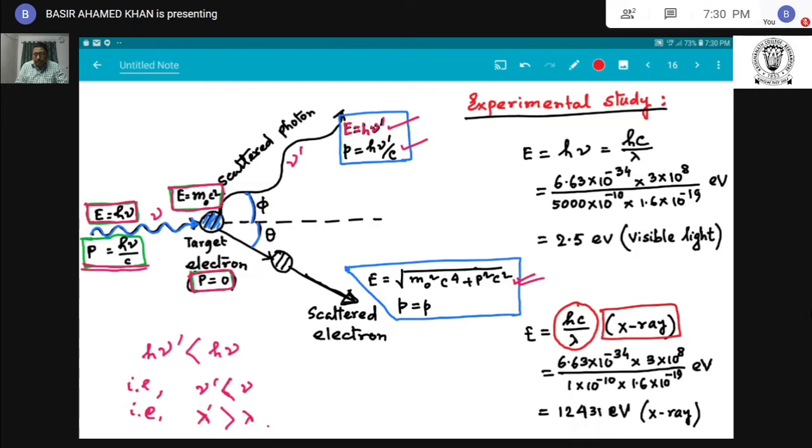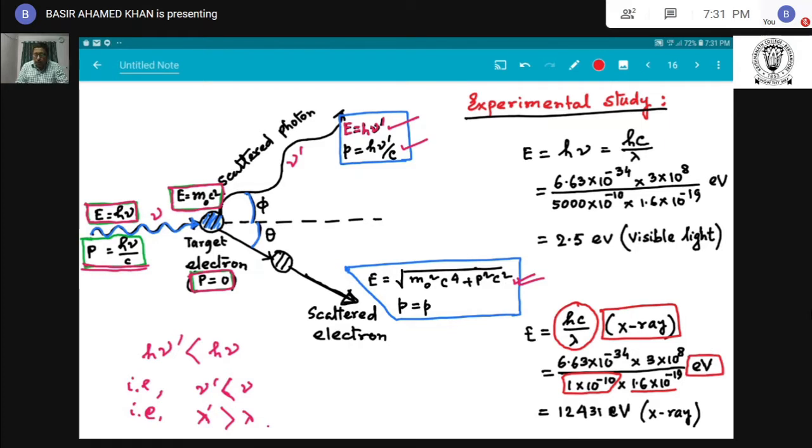I put the value of h in joule second and c in meter per second, and lambda in meter. Actually the X-ray wavelength is 1 angstrom, that means 1 into 10 to the power minus 10 meter, and I divide by the electron charge to change the energy from joule to electron volt.